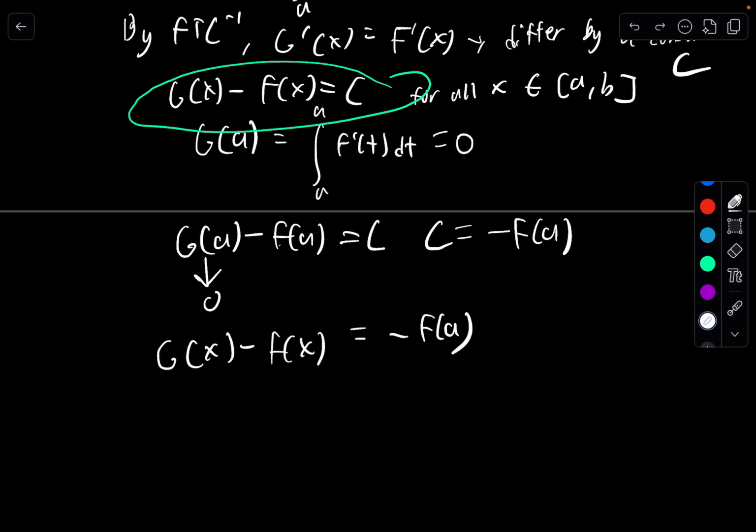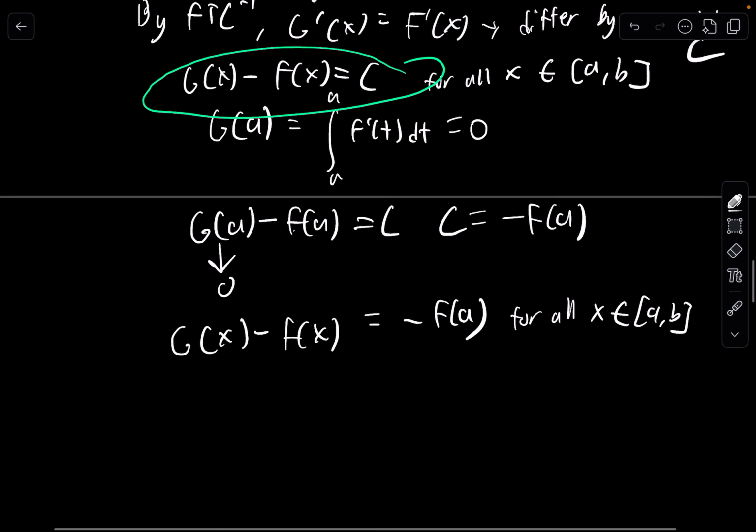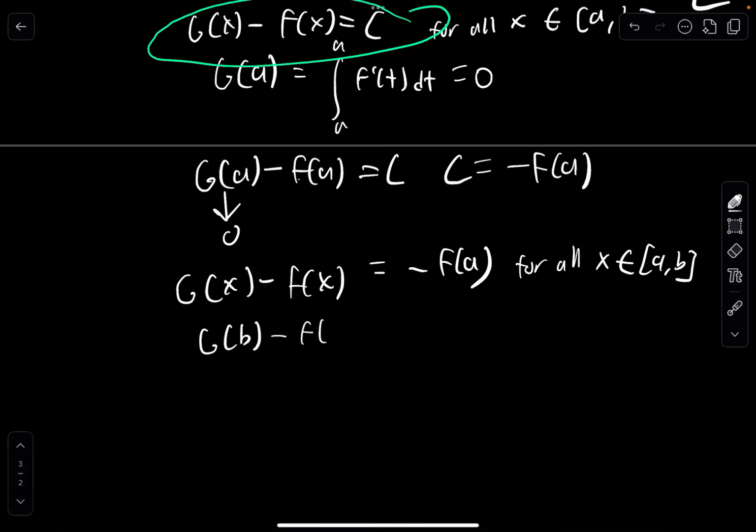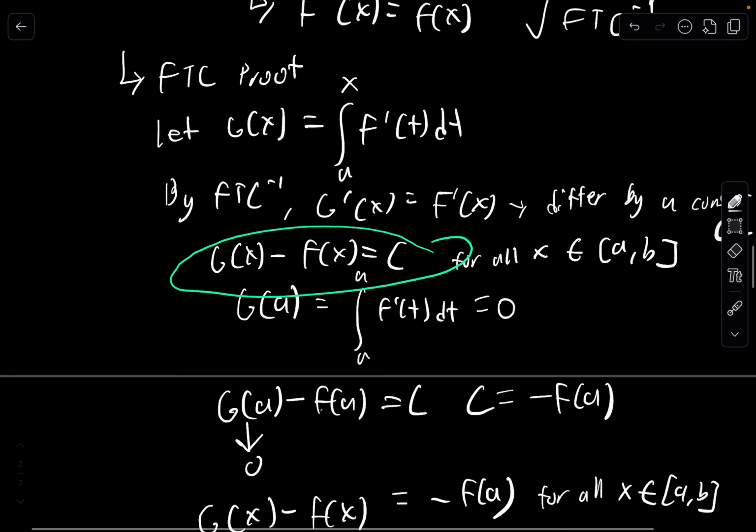This is true for all x on the interval a to b. And g of b, an upper limit, with a as the lower limit, we also know that g of b minus f of b is also negative f of a. So g of b is just f of b minus f of a. But wait, how did we define g earlier?